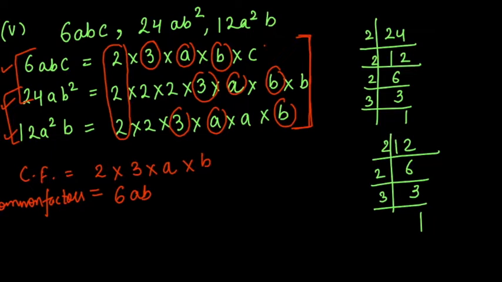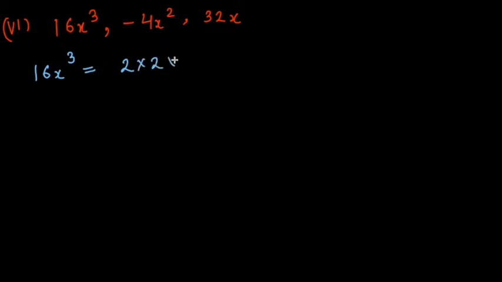Now I will explain you sixth part of the same question. 16x cube, then we have minus 4x square, and then we have 32x is your third term. Now 16x cube, what will be the factors for 16x cube? 2, 2 2s are 4, 4 2s are 8, 8 2s are 16, and you have to expand x cube, so it means x 3 times.